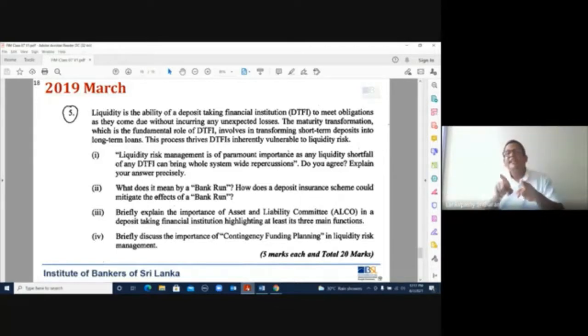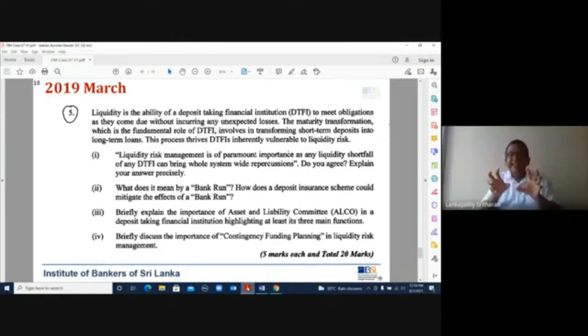For that, they may have to pay some 2% or 3% as a commission to Sampath Bank. But if there is any urgency and Union Bank wants 500 million or 1 billion, they can approach this commercial bank, and based on the terms and conditions, Sampath Bank will release the fund to Union Bank.